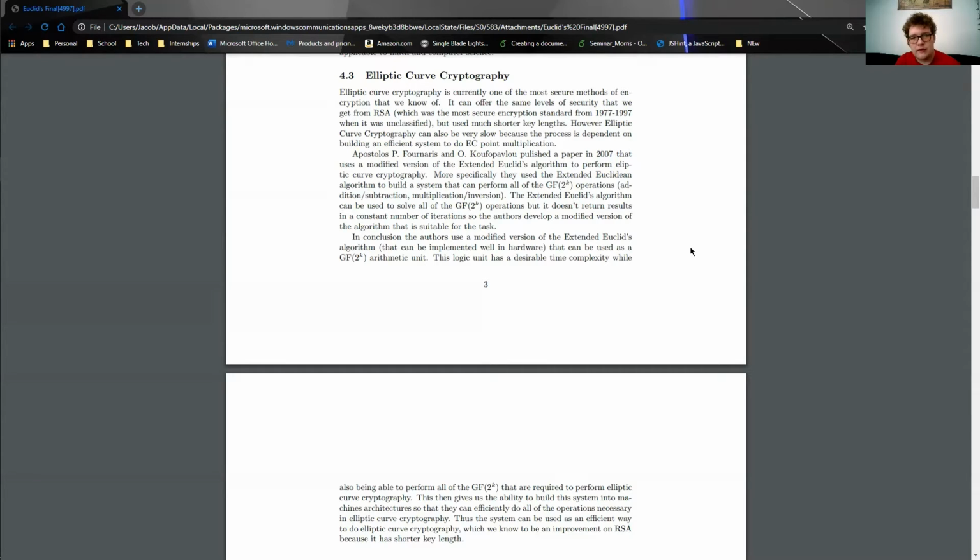Elliptic curve cryptography, although, is actually more secure. I think it's more secure personally, but I know this isn't really a thing of debate, that's more my opinion. It's a little bit harder to crack.